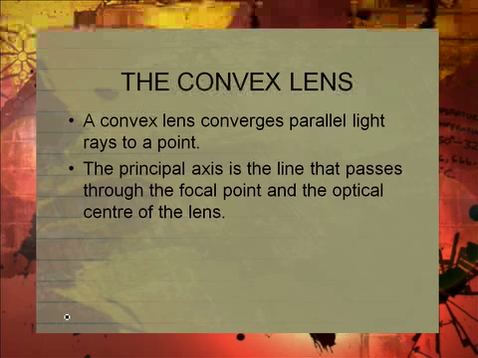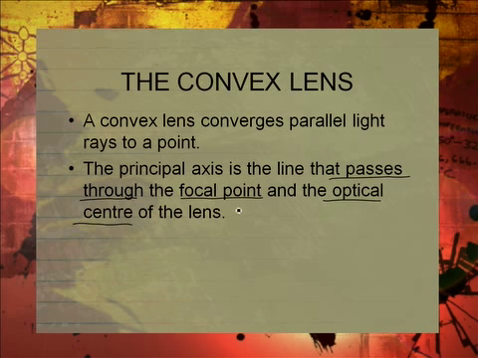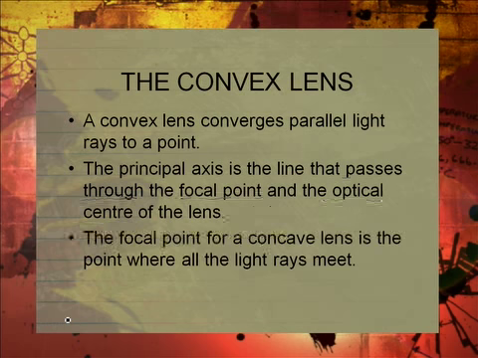Let's have a look. The principal axis is the line that passes through the focal point and the optical center of a lens. This holds for all types of lenses, including the concave lens. And what is the focal point?